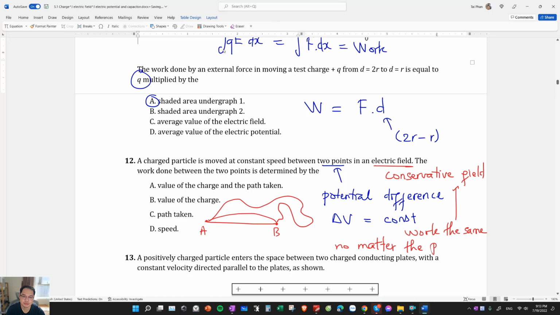The gravitational field is also a conservative field, but we didn't study it. And questions about conservative fields like this are extremely rarely seen. So if you forget it, it's fine.